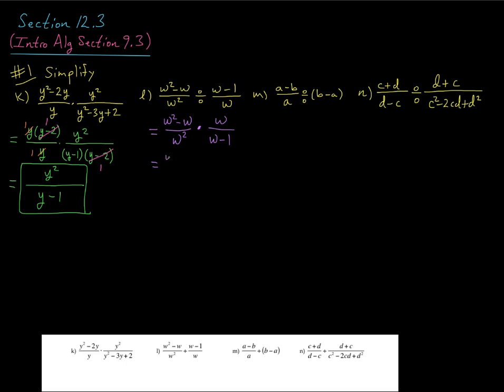I see there's a w in that first numerator I can factor out, so I'll do that. And then for the w minus 1, I'll write that in parentheses just for emphasis. Now I can see that the w minus 1 here and here are going to drop out.